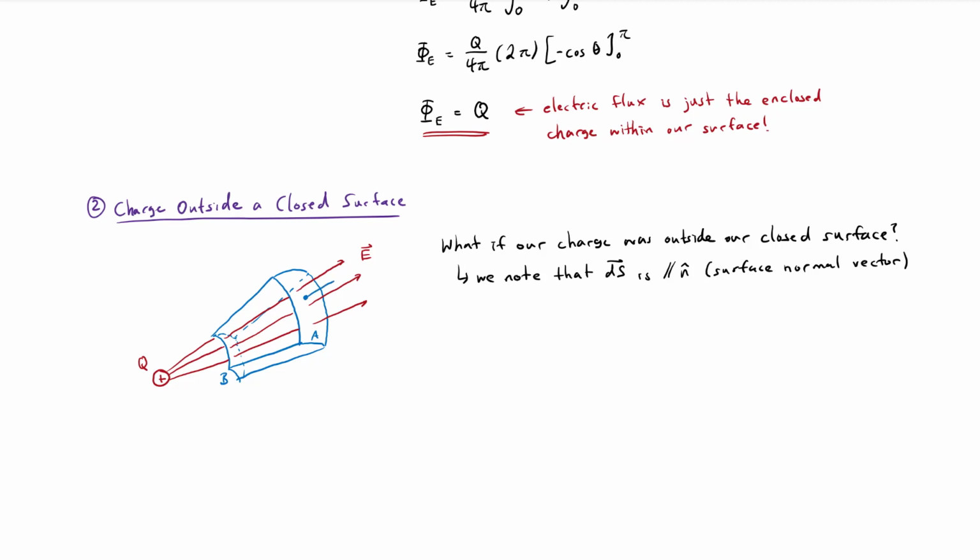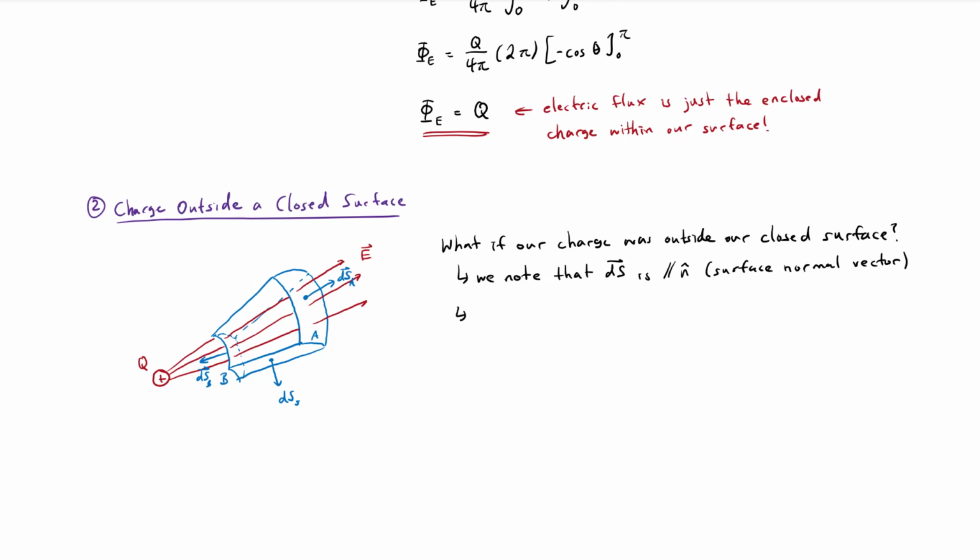dS for A points this way, so that's dS_A. dS for B is going to point this way. And then we have dS for the sides. So I'll just use this as an example, dS_S for the side. And let's do a quick analysis.